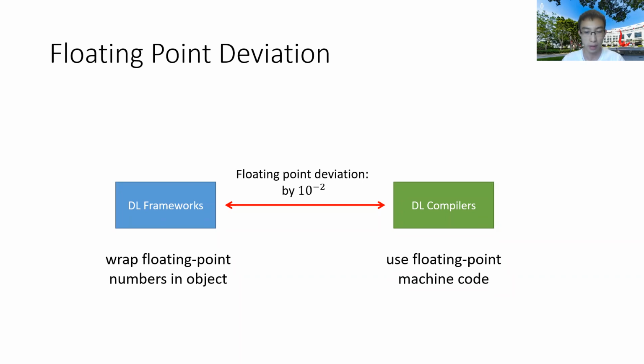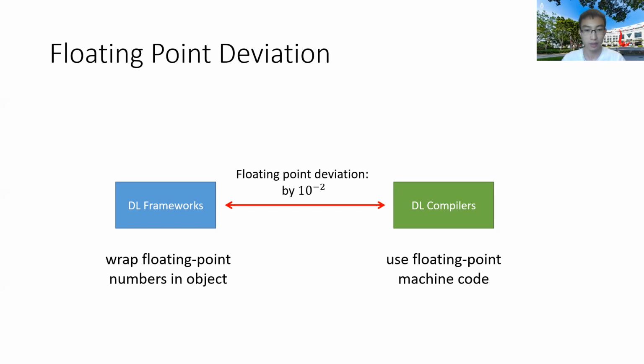By our experimental results, the output of the deep learning frameworks has a difference on the order of 10 to the -2 compared with the output of the deep learning compilers. Therefore, even though you observe that the outputs of the frameworks and compilers are different, you cannot say that it is due to a bug in the deep learning compilers, because it may also be due to the inherent floating point deviation problem.